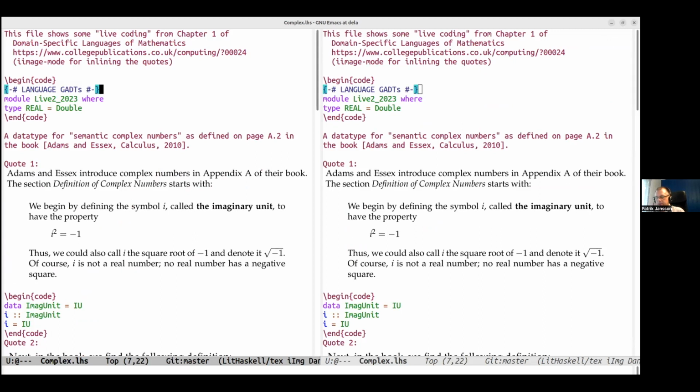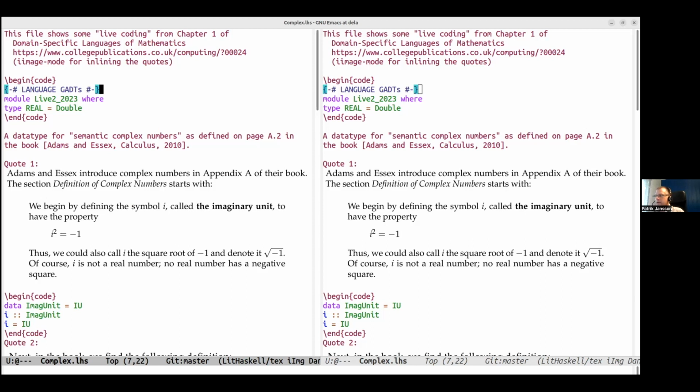I've inlined a few quotes from an actual math book, the Calculus book by Adams and Essex, that the computer science students were taking in their maths course, which they took before this course. And I'm trying to, well, you could say, make fun of the math book a bit here. It might be a little bit evil, because I'm really reading the math book as the devil reads the Bible.